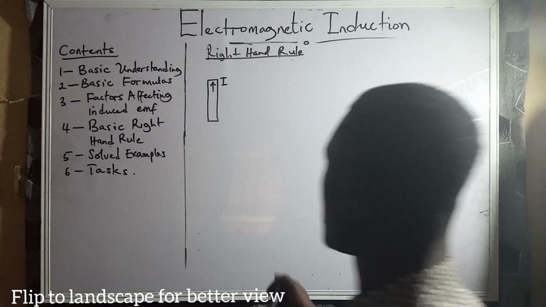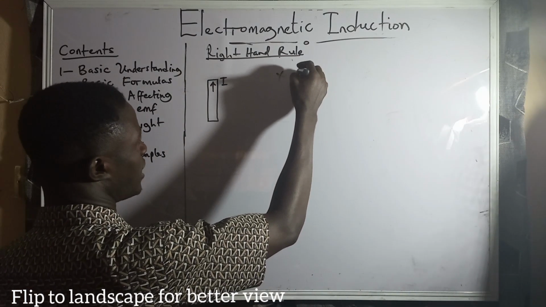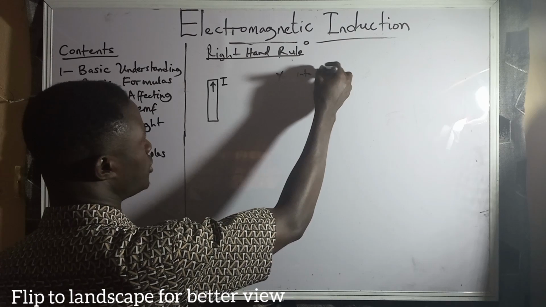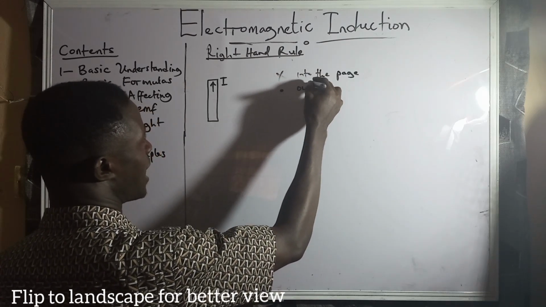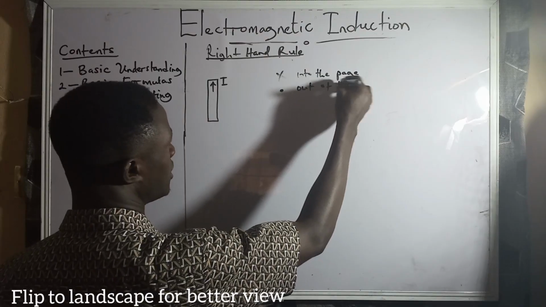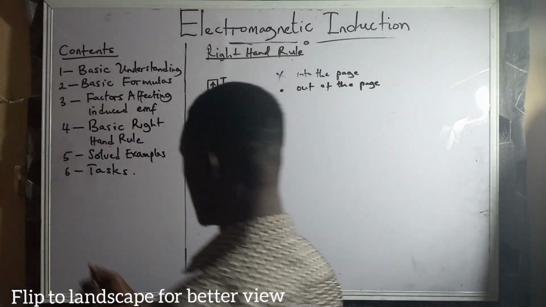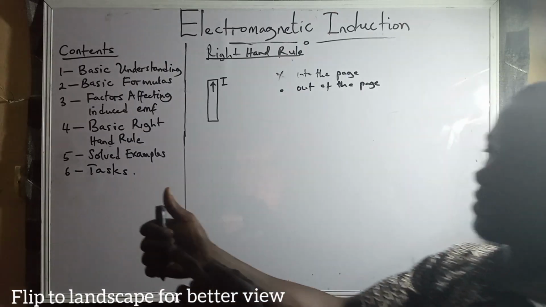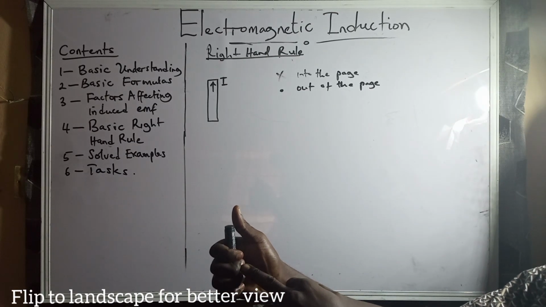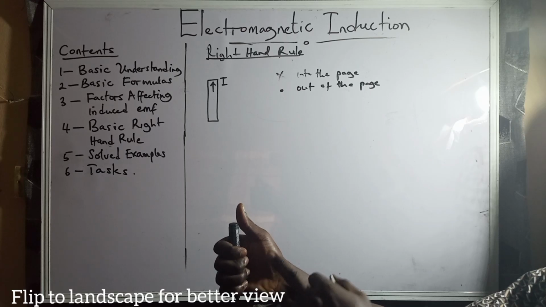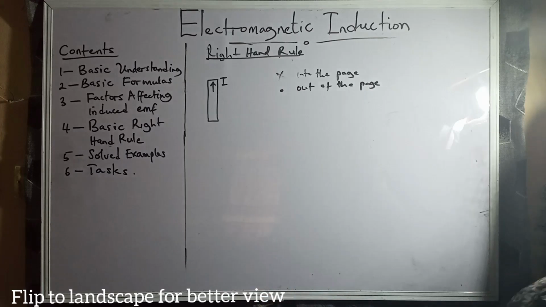The other time I showed you a symbol, I said X represents into the page, and a dot represents out of the page. So since my finger is curled around this pen this way, we say that this end is going into the page, while this other end is out of the page.